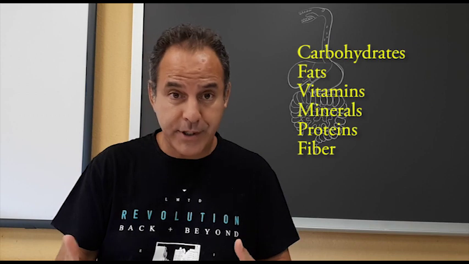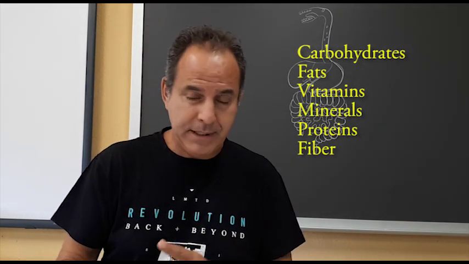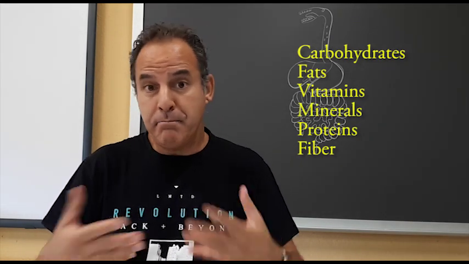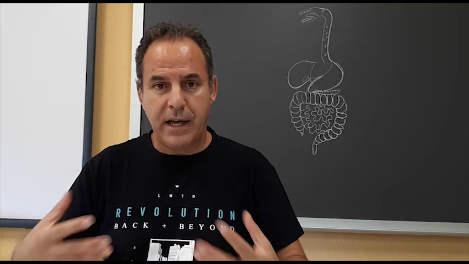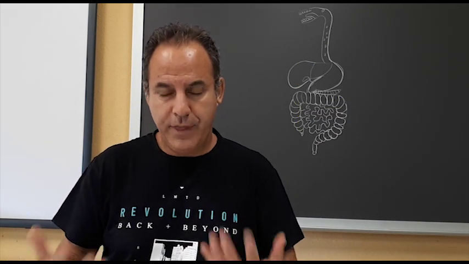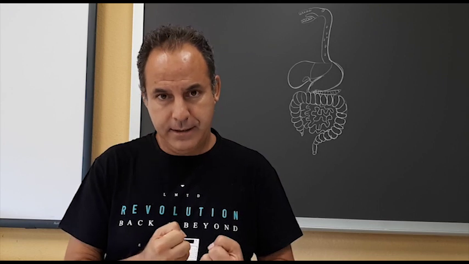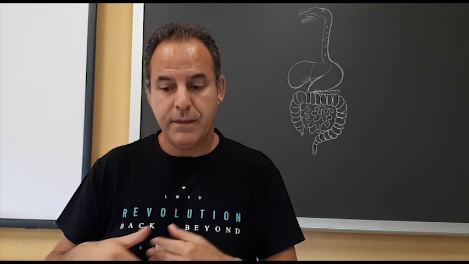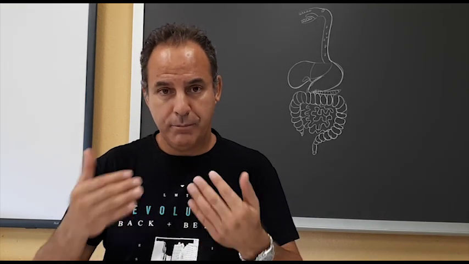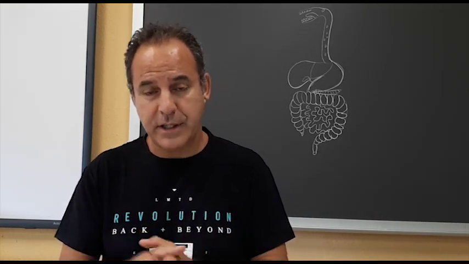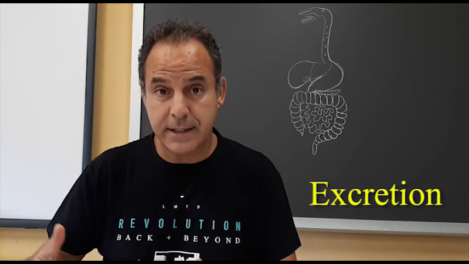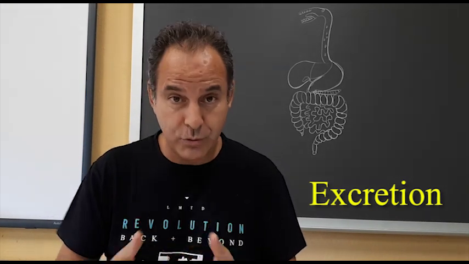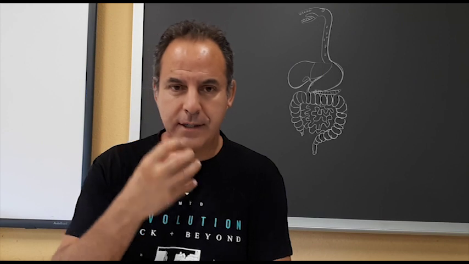Nutrients are carbohydrates, fat, vitamins, minerals. Some of that food that we eat, we don't need it, so we have waste to throw away. That is also part of the function of the digestive system, to get rid of the things that we don't need.